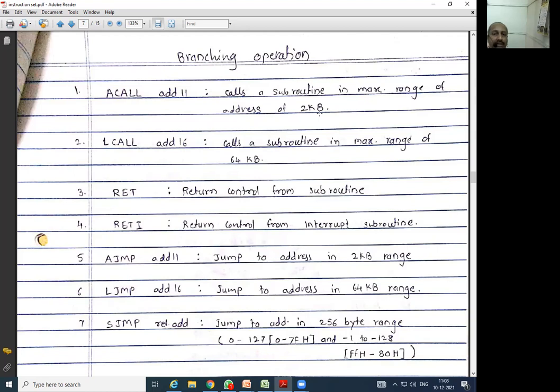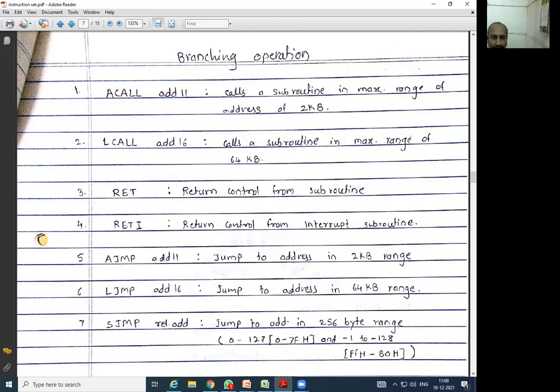If any address is beyond that, what is to be done? In that case, the next instruction is LCALL. Here the capacity is increased, and that is add16. So LCALL space add16. What does it mean? It calls a subroutine.